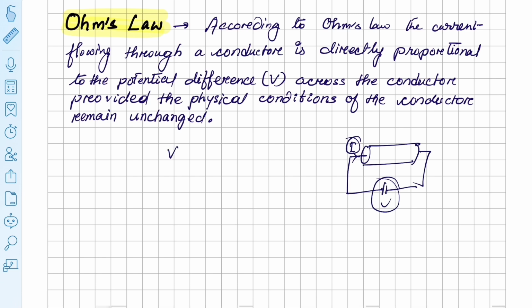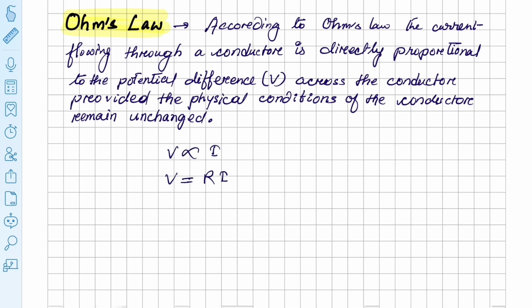So V and I are directly proportional, so we can say V is proportional to I. If we write an equal sign, we need a constant of proportionality, let it be R. This constant of proportionality is called resistance, and its SI unit is ohm.